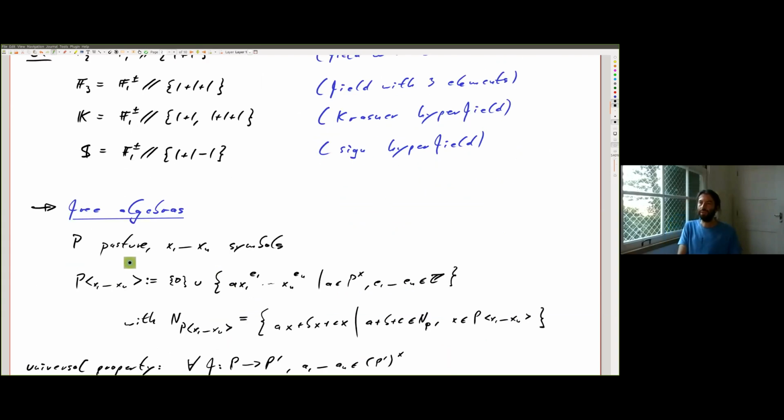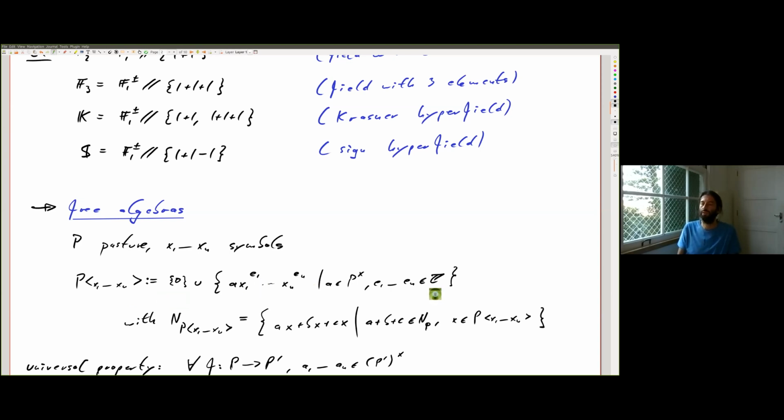Given a pasture P and symbols x1 to xn, which we think of as indeterminates, the free algebra over P in these n symbols, denoted by P angled brackets x1 to xn, is defined as a monoid which consists of 0 together with all monomials times some coefficient a in P star, so a unit in P, where we allow the exponents e1 to en of the monomial to be integers.